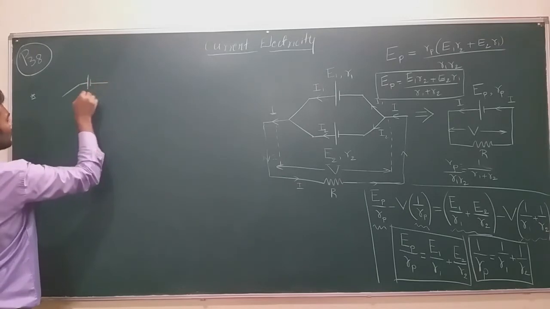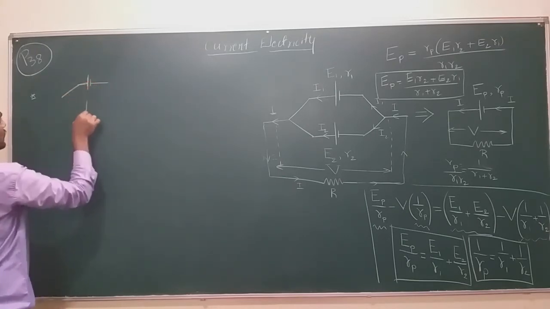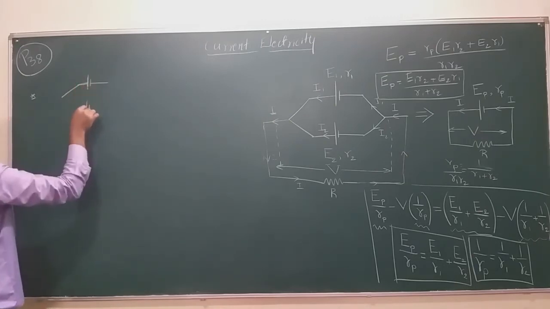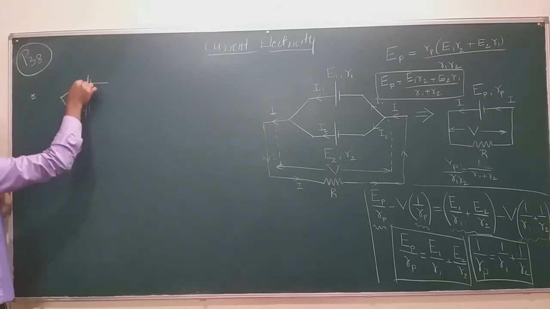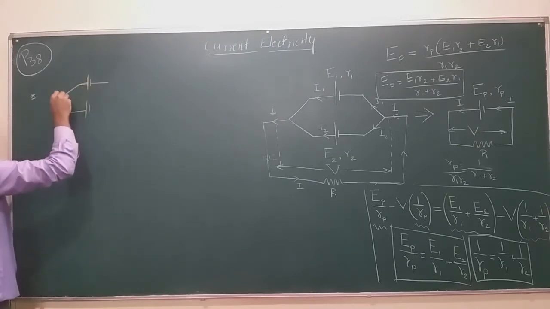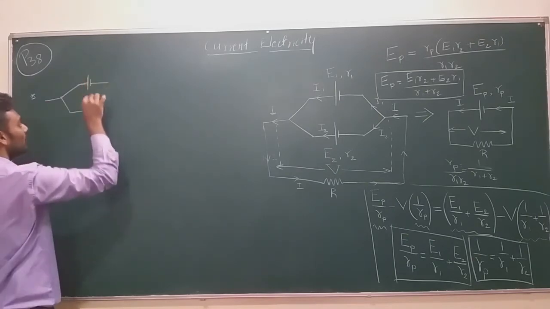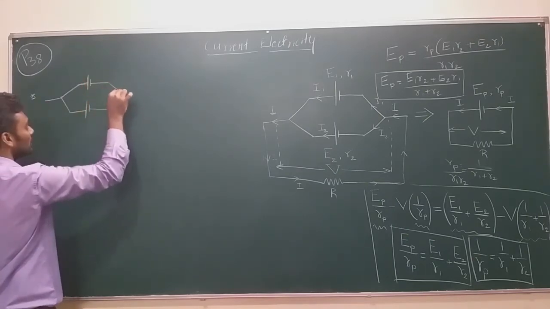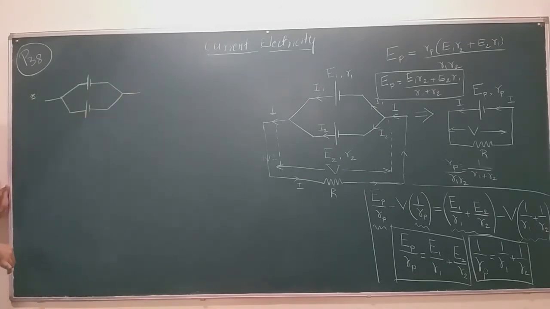The regular parallel combination is like this: positive terminal of one cell connected to the positive terminal of the other cell, both of them coming to the same point. Similarly, here the negative terminal of one cell and the negative terminal of the other cell come together like this. This is what we have derived.